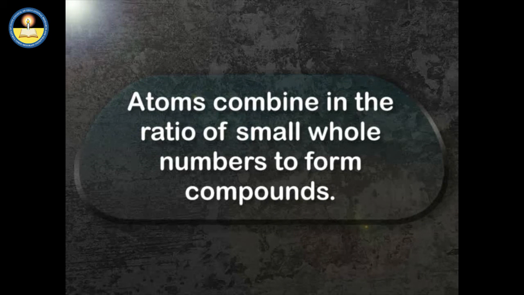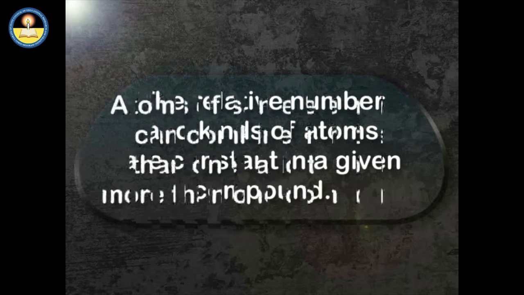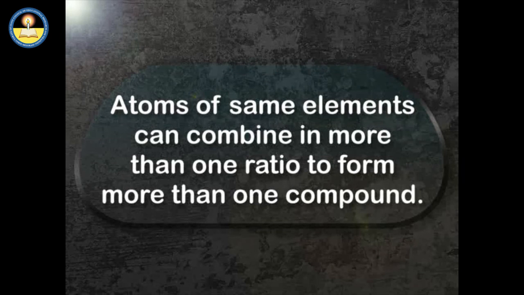Atoms combine in the ratio of small whole numbers to form compounds. The relative number and kinds of atoms are constant in a given compound. Atoms of the same elements can combine in more than one ratio to form more than one compound.